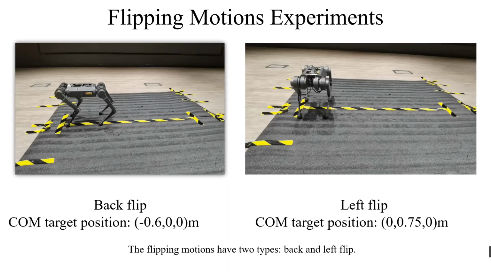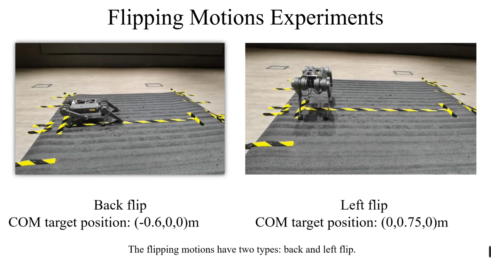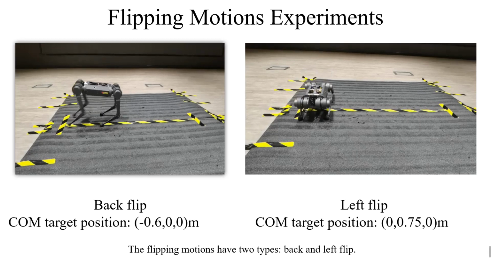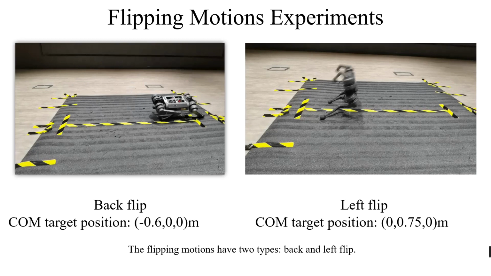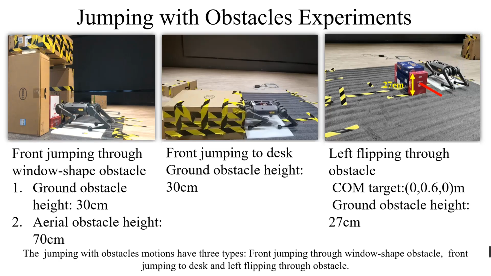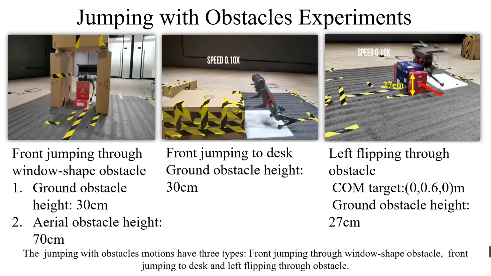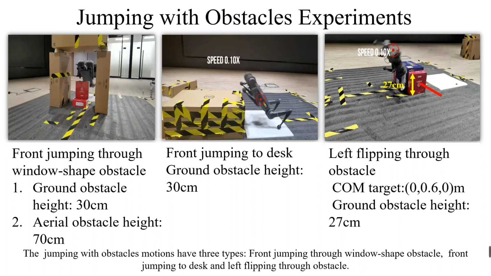The flipping motions have two types: back and left flip. The jumping with obstacles motions have three types: front jumping through a window-shaped obstacle, front jumping onto a desk, and left flipping through an obstacle.